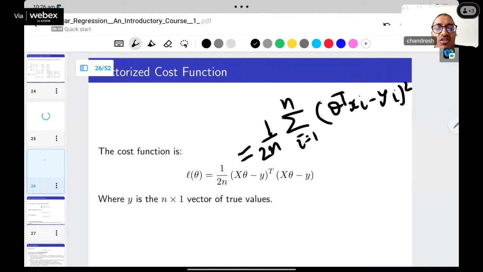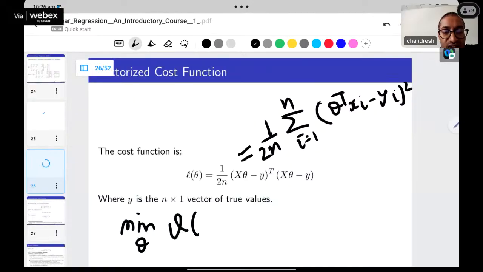Now, this is your loss function or cost function. Now, tell me, how do you minimize this loss? In many of these optimization machine learning problems, we have to minimize the loss function, right? Minimize the loss. What is your optimization variable? Theta. Theta is unknown, right?